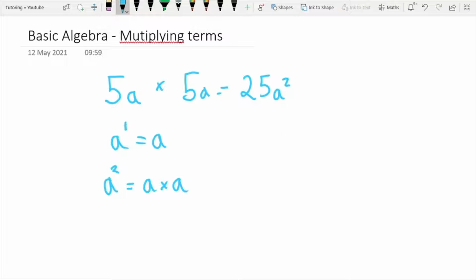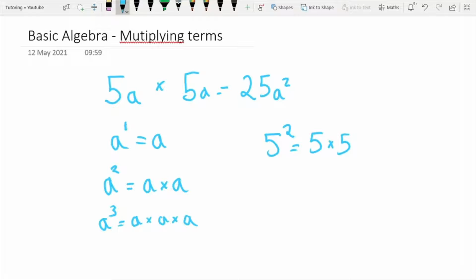So if we had 5 squared, this is equal to 5 times 5. And if we had a cubed, this is a times a times a. So we can see there are 3 a's and they're multiplied together.